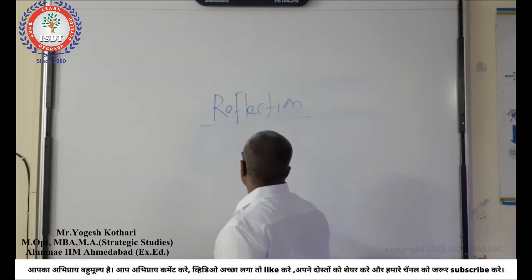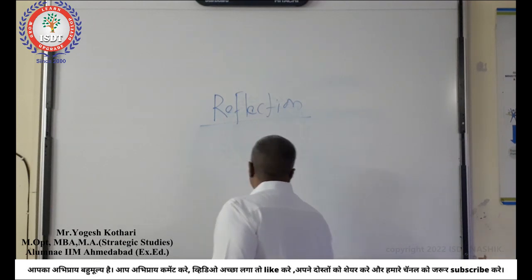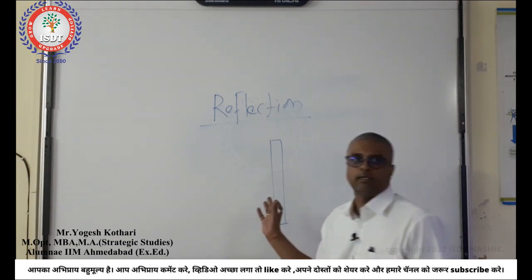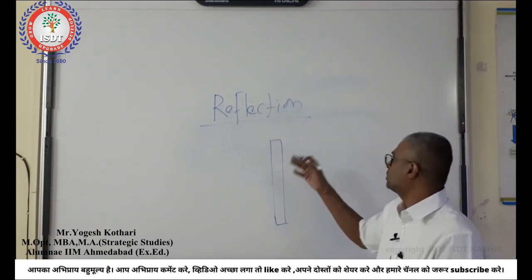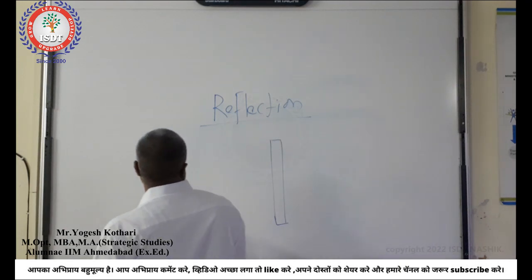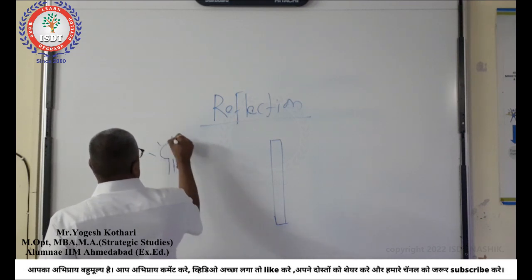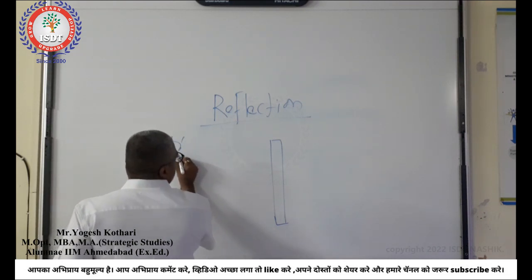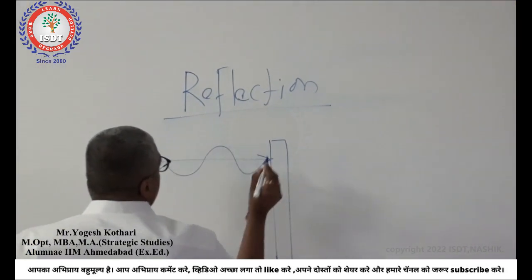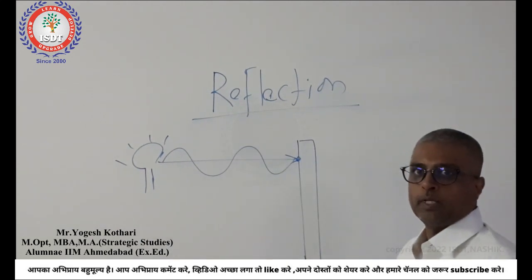Now what is reflection? Again we will take some medium. This time the difference is this medium could be anything, a hard surface, a table, a chair, wood or whatsoever. So now when light comes from a source, this is a source, it travels in a straight line, it travels as a wave and it hits the surface or this medium here.